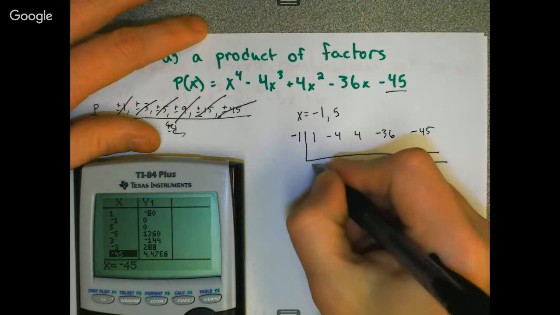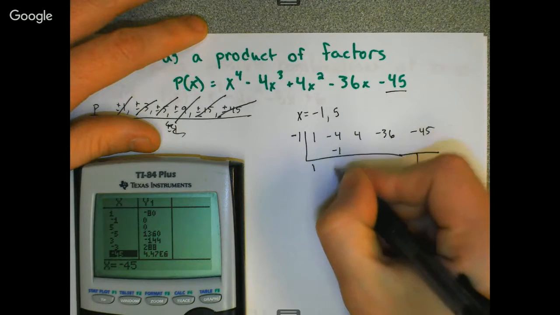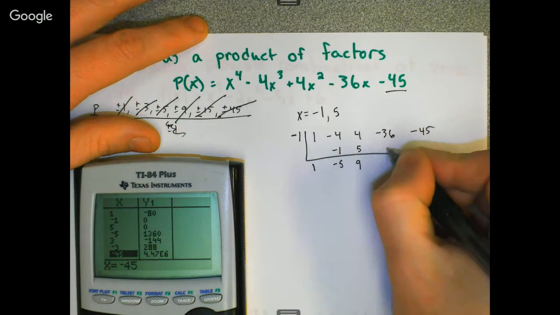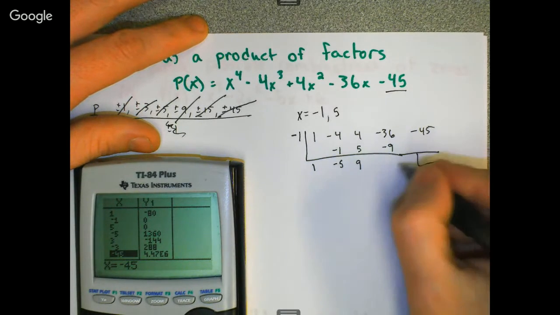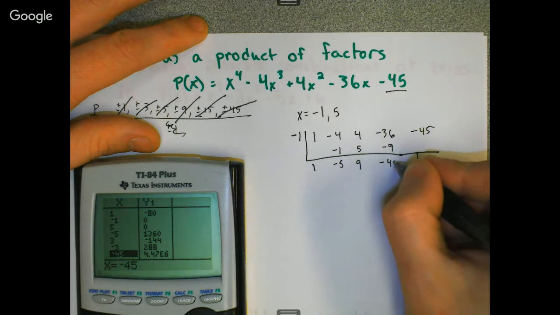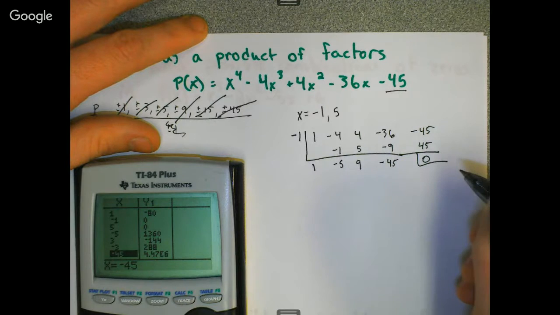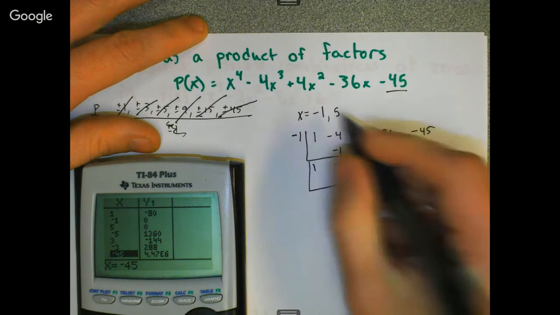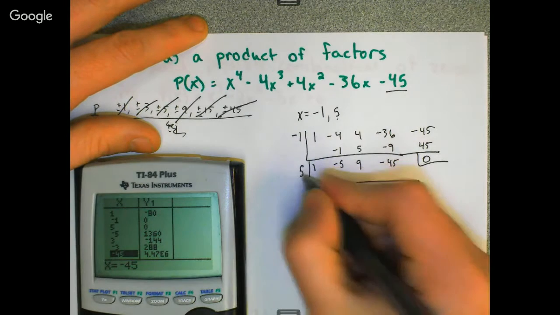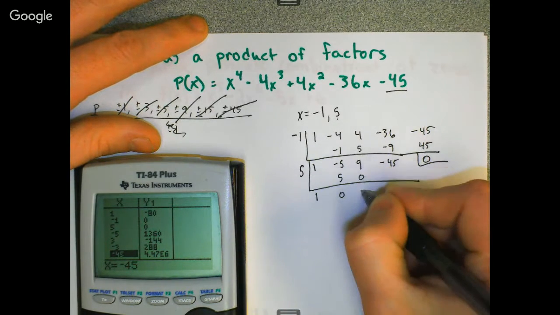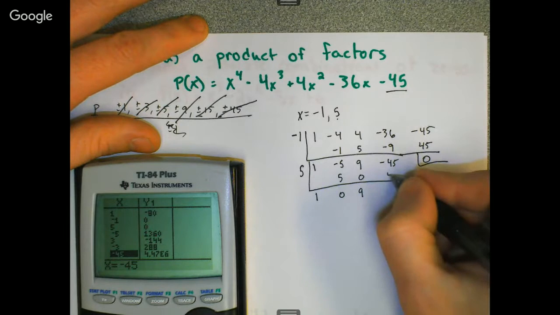So I've got 1, minus 5, 9, minus 45, 0. Then do it again, this time with 5. So I got 1, 5, 0, 9, 0.